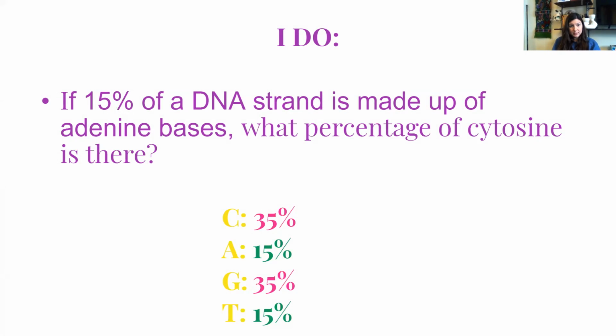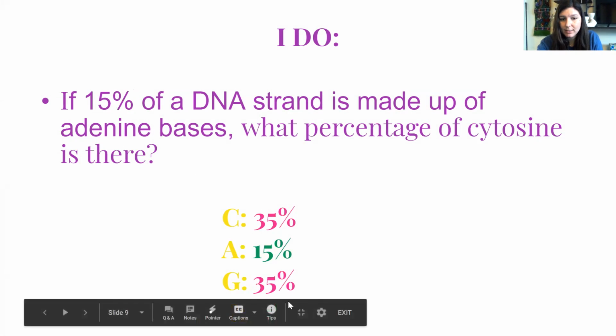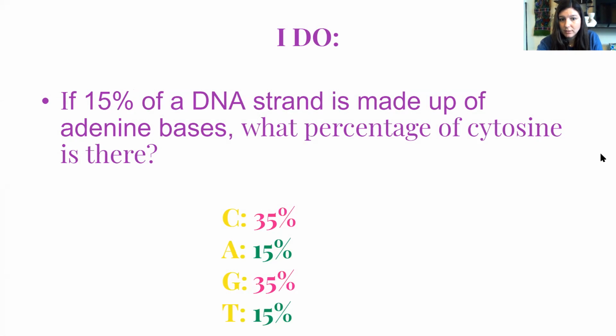Now, sometimes we talk about the amount of adenine or guanine or cytosine in percentages. And so we know that there's 100% total. So if we know that adenine makes up 15% of our DNA, well, if adenine's 15%, then thymine is also 15%.